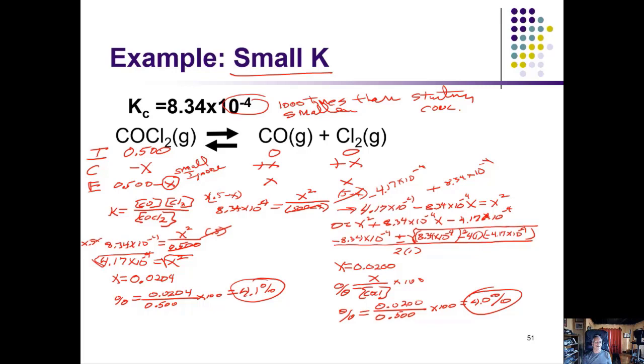That makes the math a lot faster. If you have a problem like that, here's the nature of x. x will simply be equal to the square root of K times your starting concentration. That's the nature of this particular beast, and that'll just give you the answer.